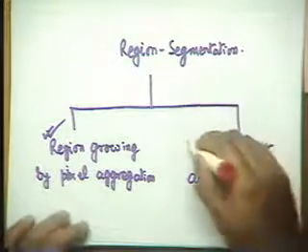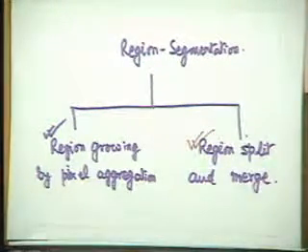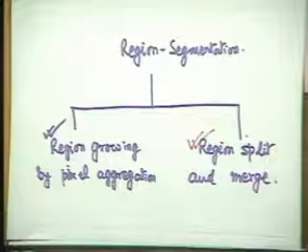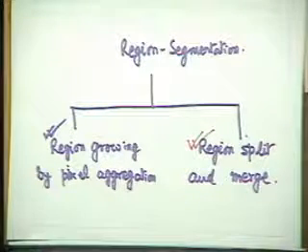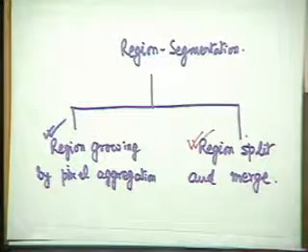Now we are going to discuss the second aspect of region segmentation, which is based on region split and merge. The approach is fairly simple, and let me tell you what it is.